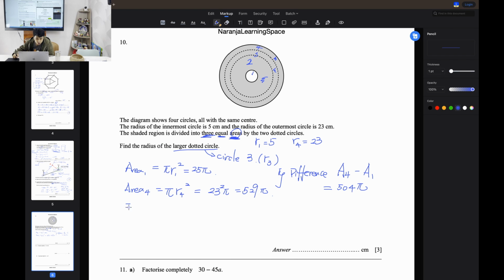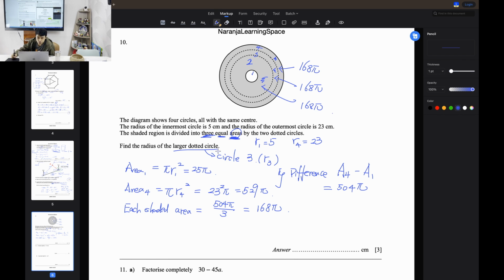So each shaded area equals 504 pi divided by 3. That gives me 504 divided by 3 equals 168 pi. So that means this area is 168 pi, this area is 168 pi, and this area is also 168 pi.